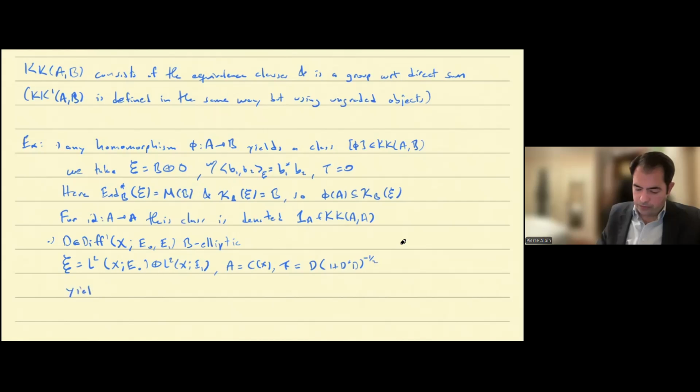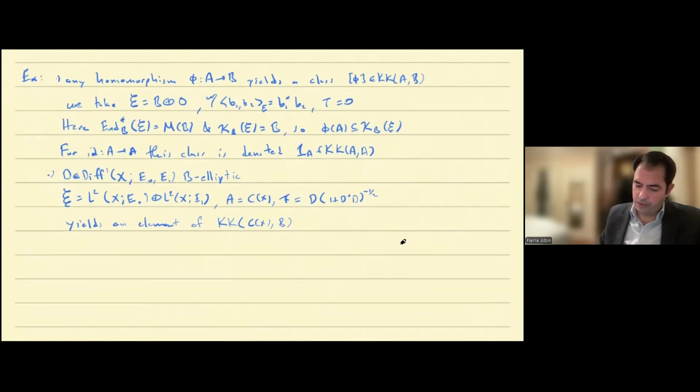And this yields an element of KK of C of X, C, like we were discussing before.